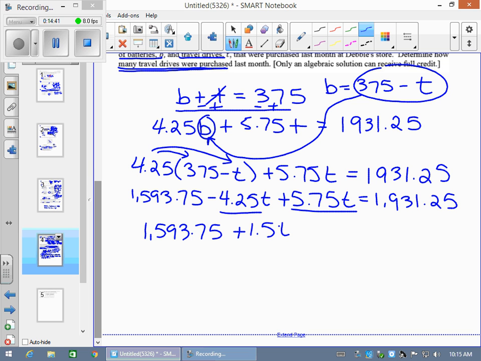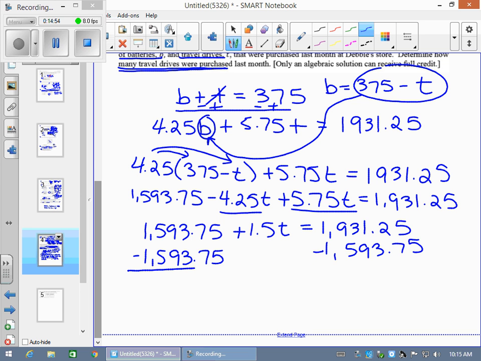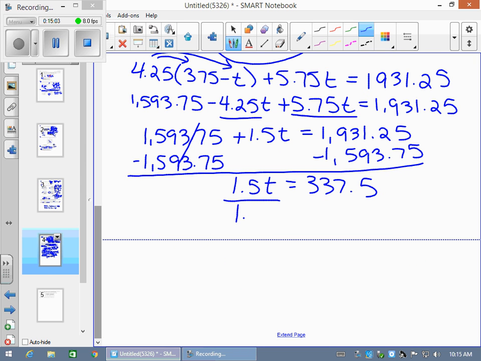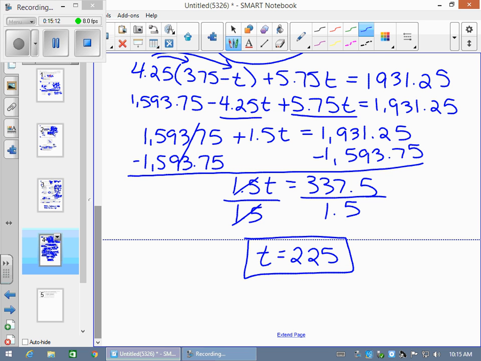Start isolating T, so I'm going to subtract my constant. And I get 1.5T is equal to 337.5. Divide by that 1.5 to isolate T, I get a T value of 225. And because the question asked me to find how many travel drives were purchased last month, just by finding T, I answered the question.